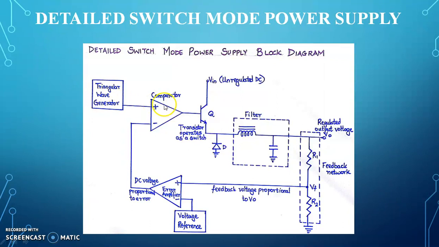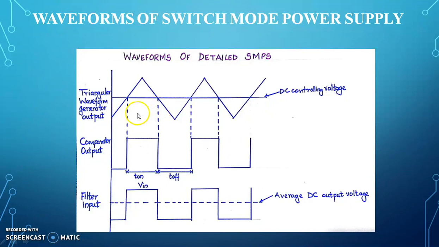So we'll see the waveforms. So this is the triangular waveform and this is the DC voltage. These two waveforms are given to the comparator.